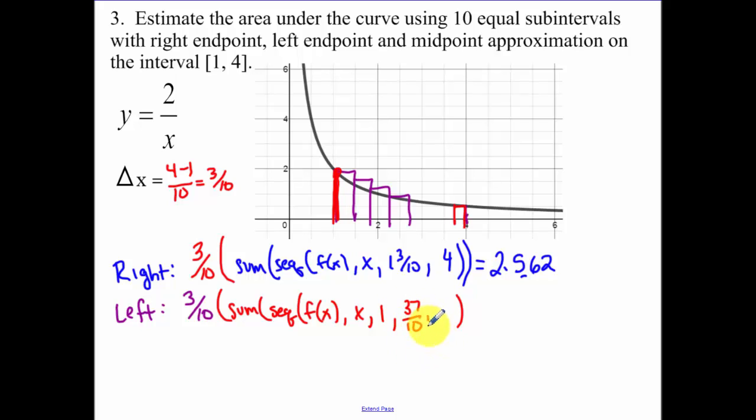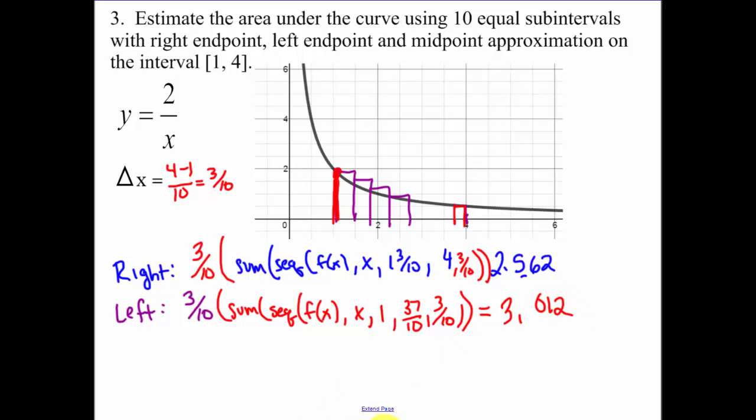I apologize, I forgot to put in here, you have to tell it what interval you want to go up by, so that's 3/10. So actually up here, I should have something else in there. I need to tell it the interval, which is 3/10. So when I type that in my calculator, I get 3.0122.